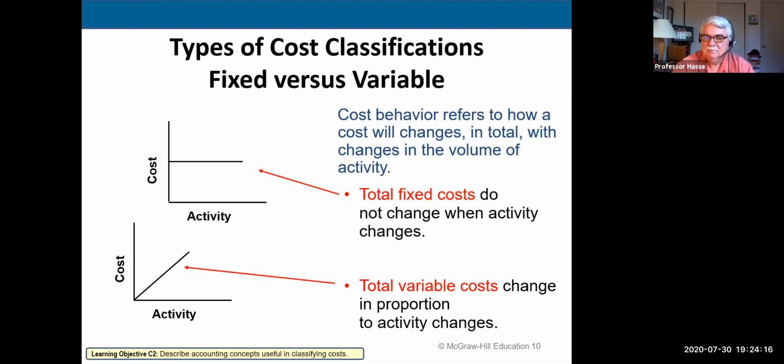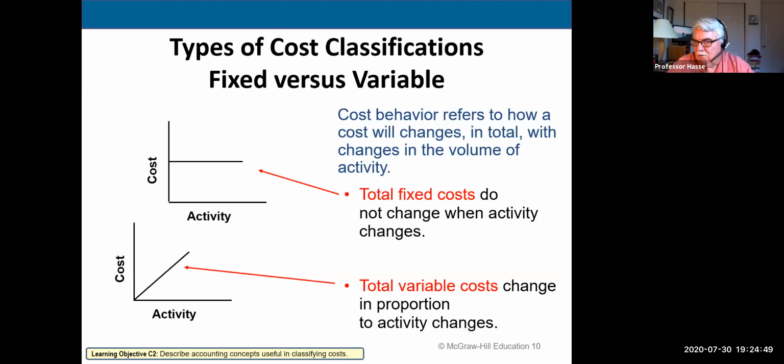If I produce 100,000 widgets or 1 million widgets, I still get paid $50,000. That's a fixed cost, a salary. No matter what the level of activity of my department or what I did, I still get paid $50,000. That's the definition of a fixed cost. The activity level means nothing.